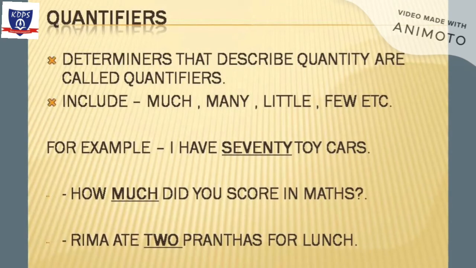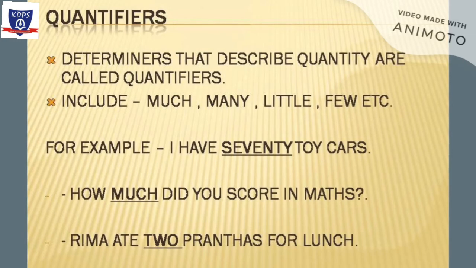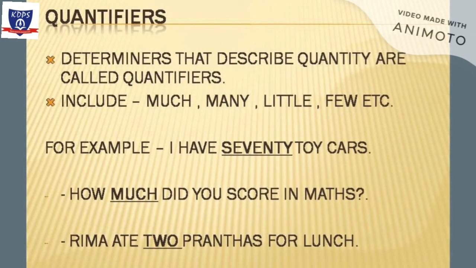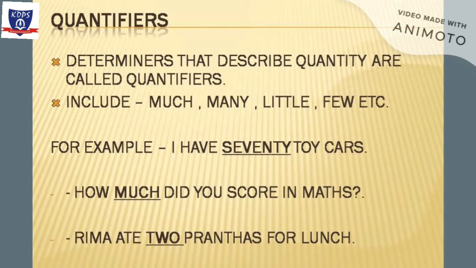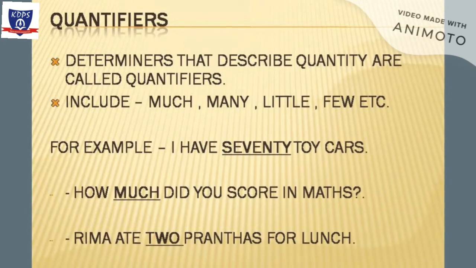My brother is 3 years old, मेरा भाई 3 साल का है, so 3 becomes my quantity, that is a quantifier then. Rima ate 2 parathas for lunch. कितने पराठे खाए उसने? 2 पराठे खाए, so that is again a quantifier, की quantity define करी गई है.